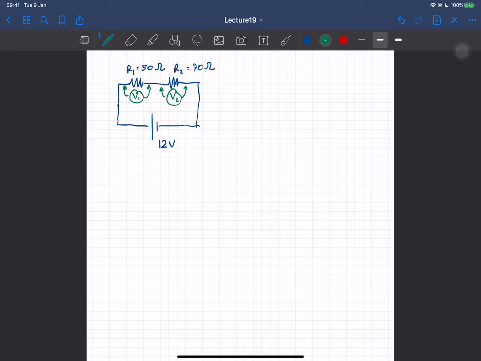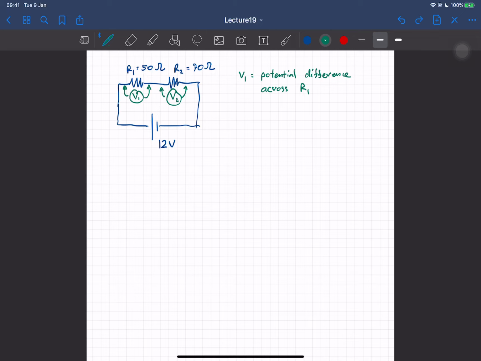So V1 is the electric potential difference across R1, right? So essentially it's a number that tells us how much higher the potential is at this point compared to this point on the circuit, which are the two legs of the resistor.